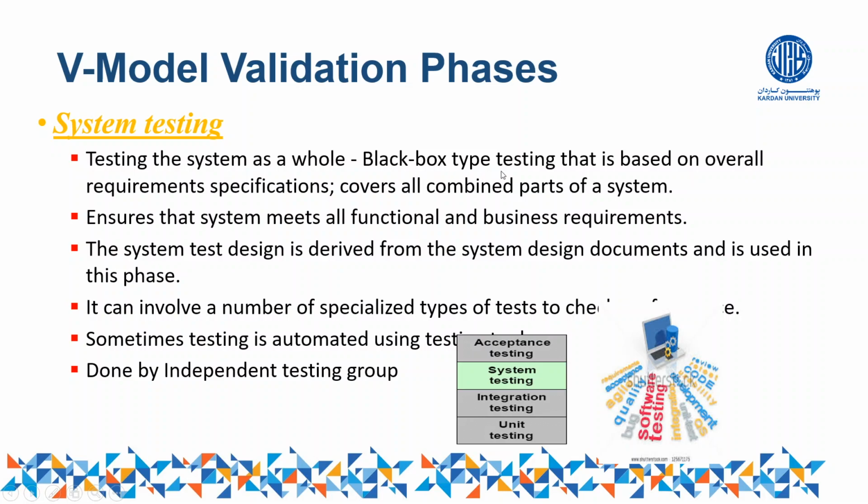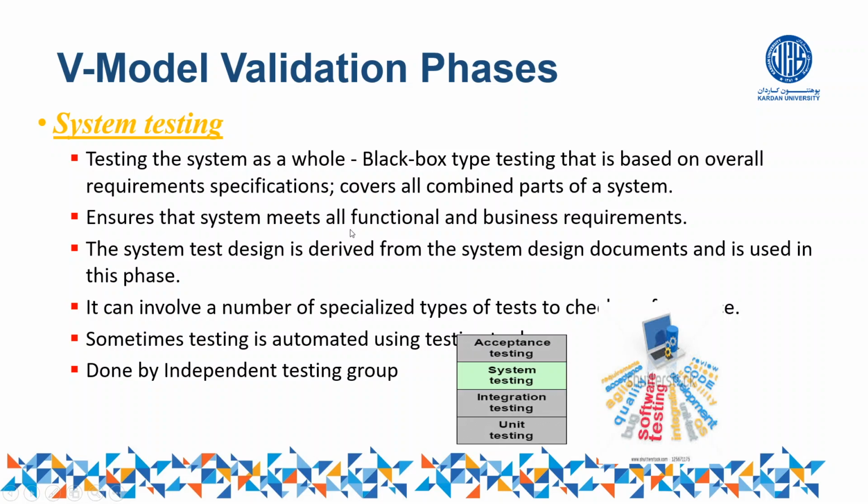And here we use black box type testing that is based on the overall requirement specification and covers all combined parts of a system. Remember that black box is a testing technique that is used to test the software system functionality according to the requirement specification.